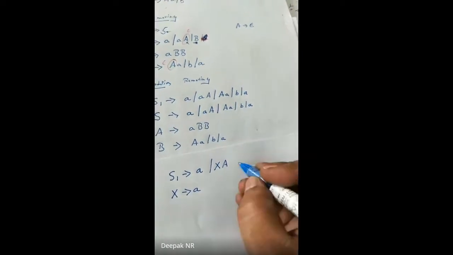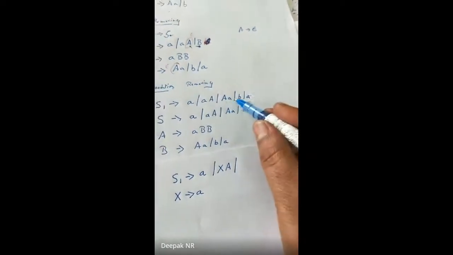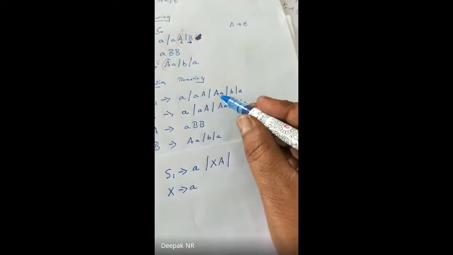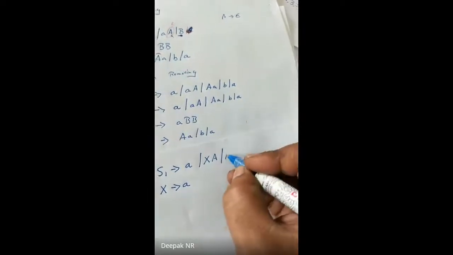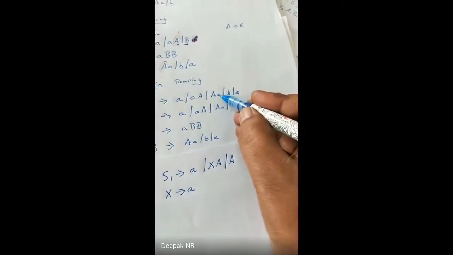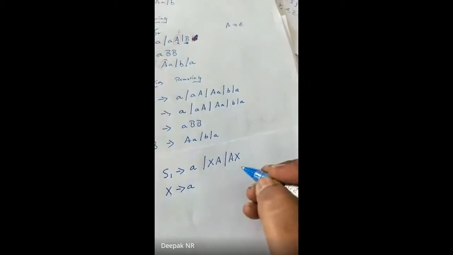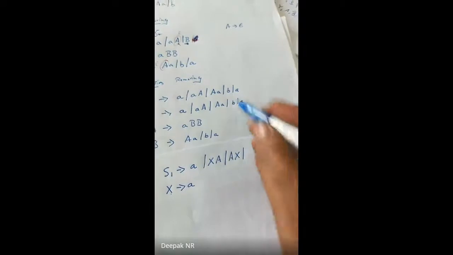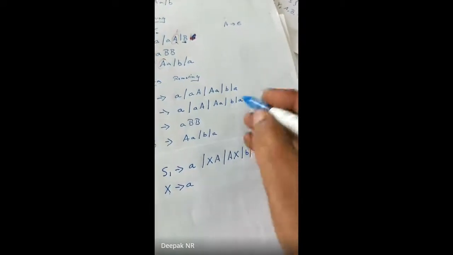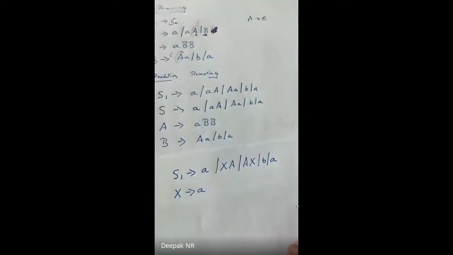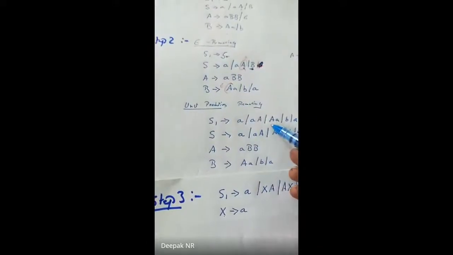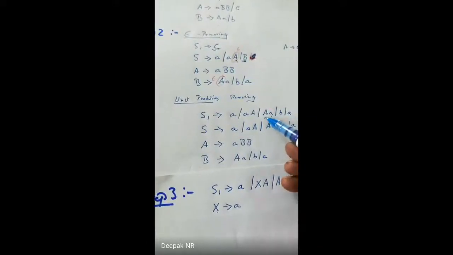Slash here I have AA. So this A should be replaced with X. Then slash, yes, B can be there, slash A can be there. Step 3 says there should not be a combination of these two in this format.